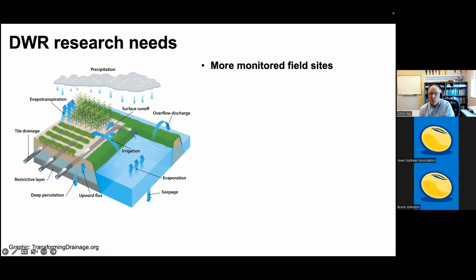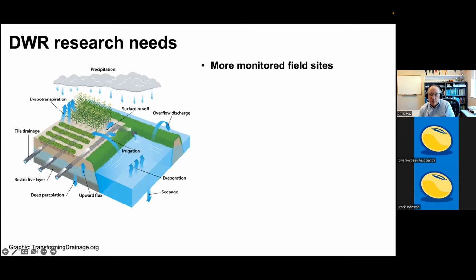And so again, one of the things we really need is just more monitored field sites. We've got a fairly limited number of sites that we've looked at this at. And so the more different situations that we've got to compare against, the better picture we'll get of how this practice performs. And so we're fortunate here in Iowa that we've got 2 new sites that are coming on board.